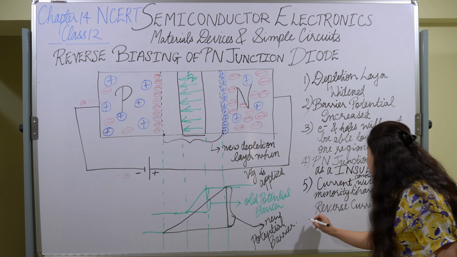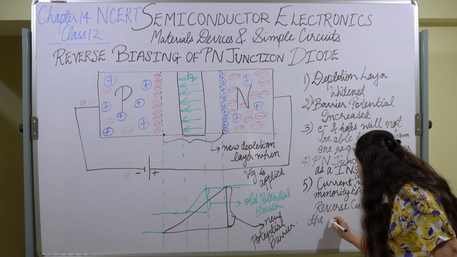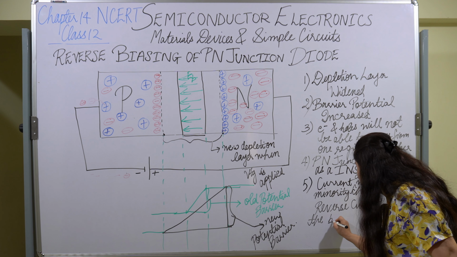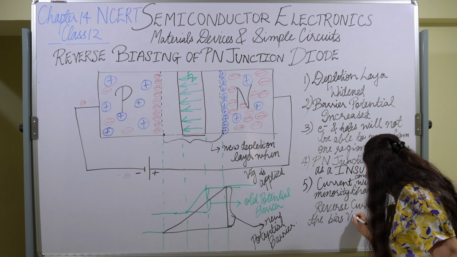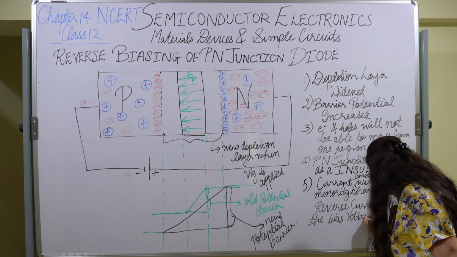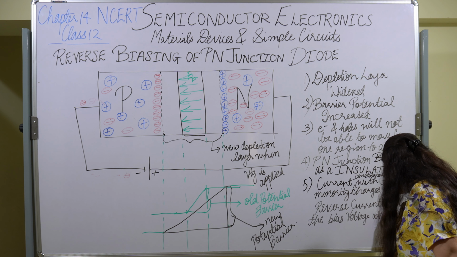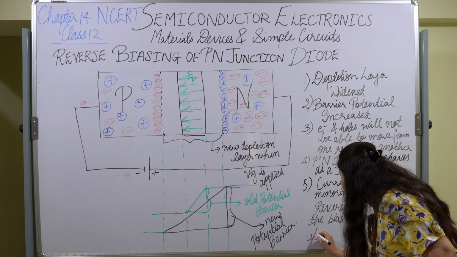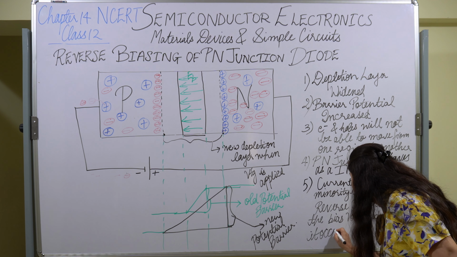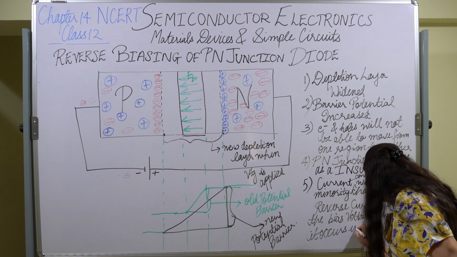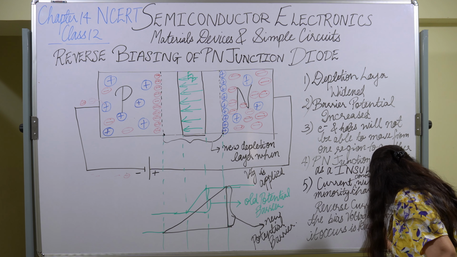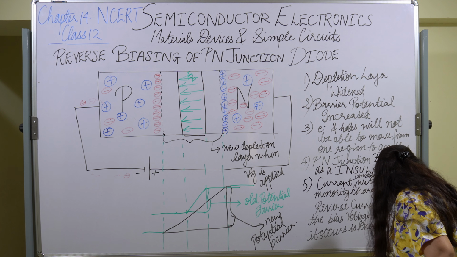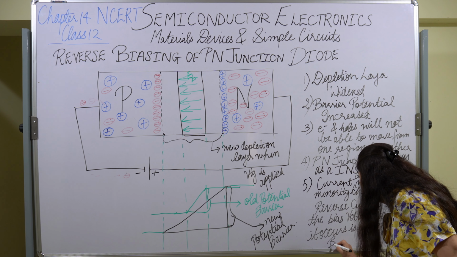And the voltage, the bias voltage at which it occurs, is known as the breakdown voltage.